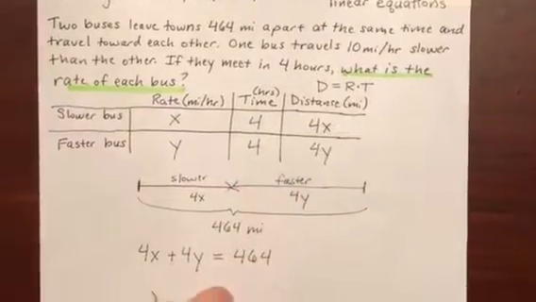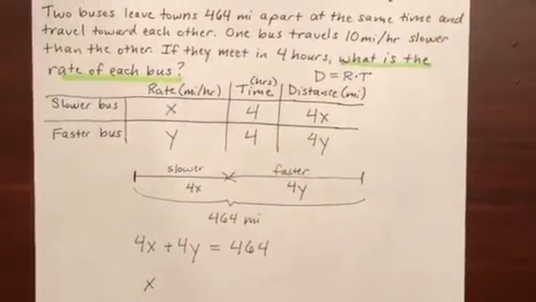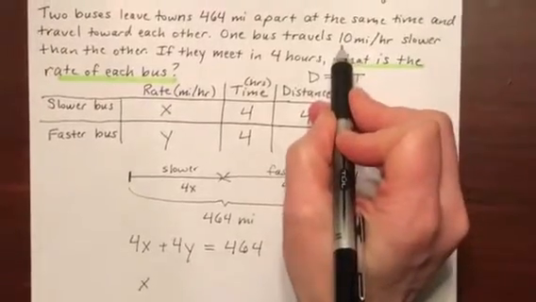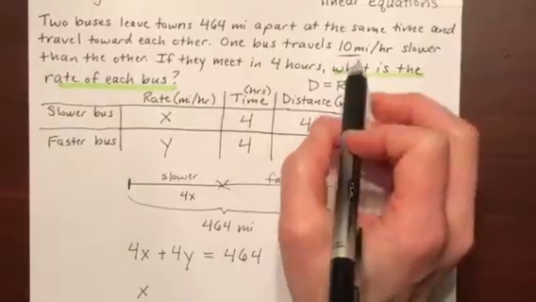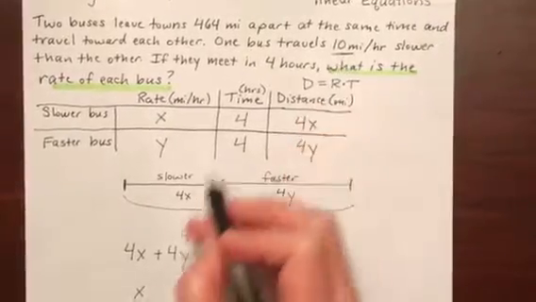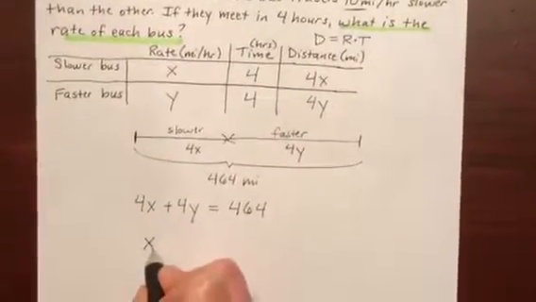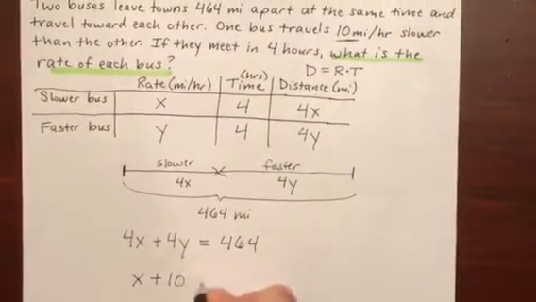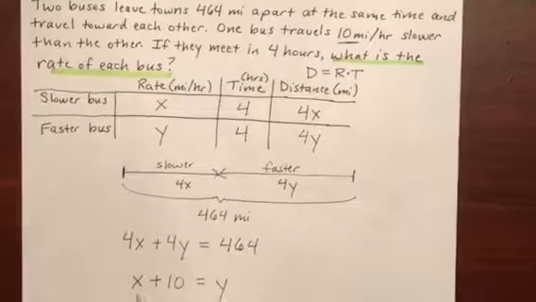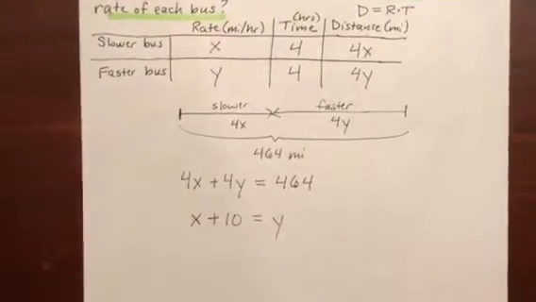If I started with my x number and I wanted to get up to the y number, I would have to add 10 more because it's traveling 10 miles per hour slower, so x is 10 lower than y. So we'd say x plus 10 equals y.